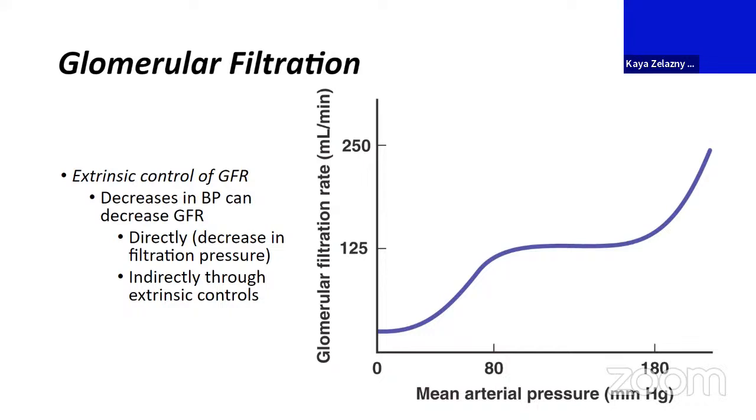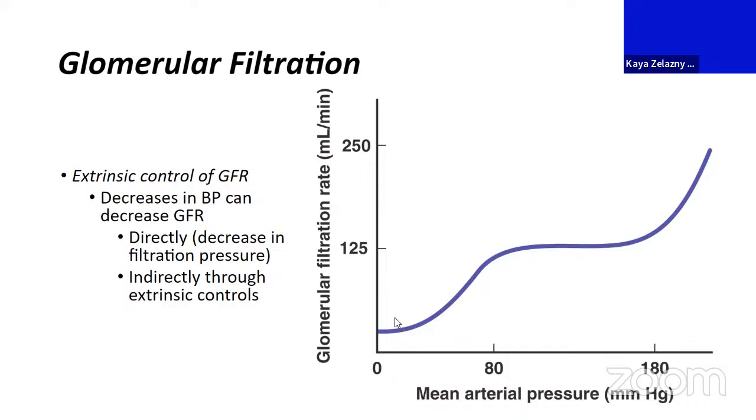Okay. So in terms of our extrinsic control, basically, we're also going to see that the nervous system can have an effect here as well. Okay. So we're going to be more interested in this when we think about our decreases in blood pressure. So a decrease in blood pressure could take us down this line, right, and decrease our glomerular filtration rate.